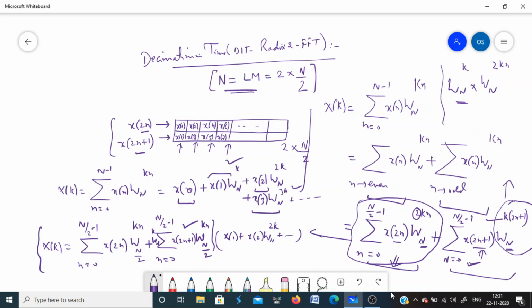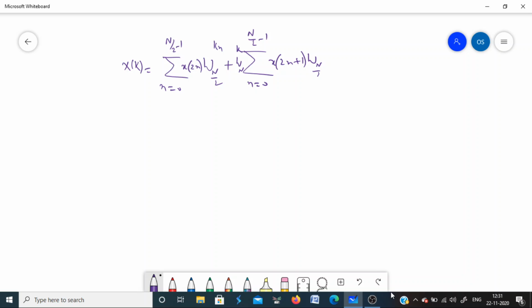So if you further analyze it, you have finally X[k] equals summation of n from 0 to N/2 minus 1 x[2n] W_{N/2} to the power kn plus W_N to the power k into summation of n from 0 to N/2 minus 1 x[2n plus 1] W_{N/2} to the power kn.